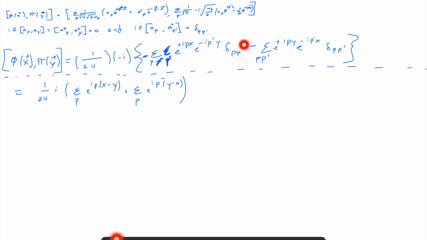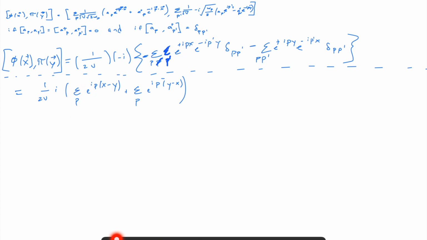When I have the Kronecker delta, every time p prime is not equal to p in this double summation, that equals 0. So this forces p prime to equal p. This becomes 1, so it factors out. And now this p prime becomes p. So I have e to the ipx minus e to the ipy. ip is common to both of these. And because they're exponentials, I can combine them into an exponential of a single term. So I have e to the ip times x minus y. So that's what this becomes over here.